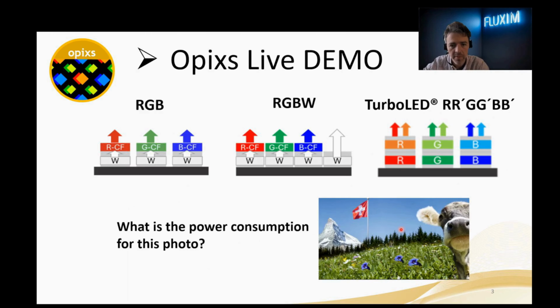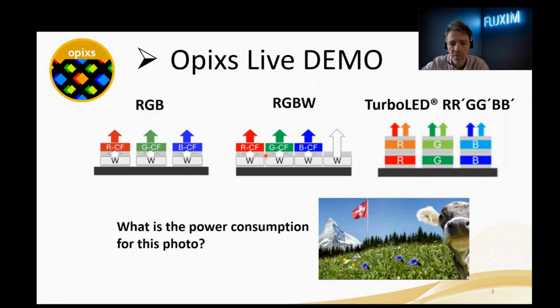With this, I'm at the Opixs live demo. In the Opixs live demo, I will show you 3 different pixel layout concepts, starting with a very standard RGB, red, green, blue concept, where a white LED is used for all subpixels, and on top are different color filters.